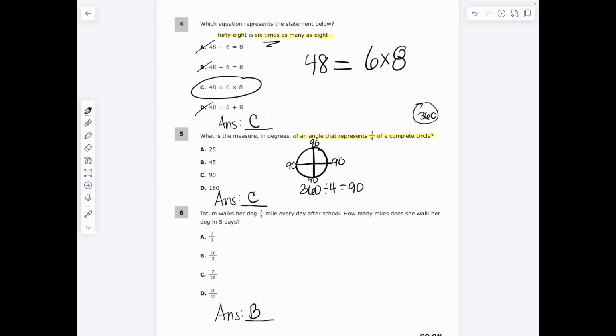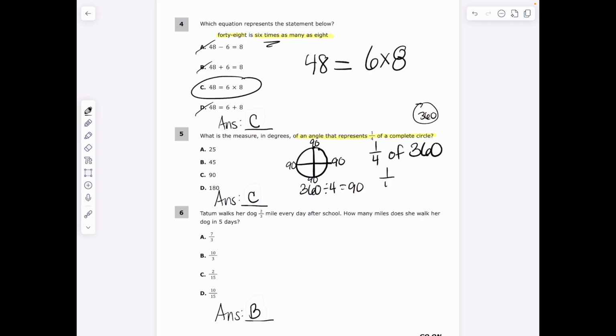So that's the first way I can kind of see a kid working this out if you really didn't know how to find 1/4 of a number. Another way you can do this is if I want 1/4 of 360, this is telling me I want a part of a number, and the way I can find that part is by multiplying.